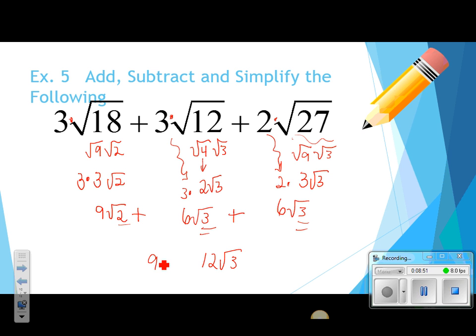And then I would just bring the 9 square roots of 2 down because I can't put them together if their radicands are not the same. It would be the same thing as if I had 5x plus 7. I can't put the 5x and the 7 together because they're not like terms, okay? So just remember that we're looking for radicands that seem to be the same. And if not, we simplify them to make them the same.